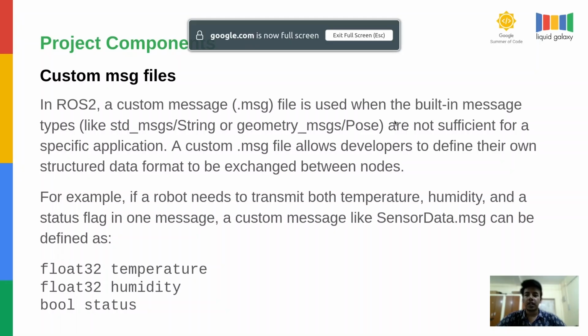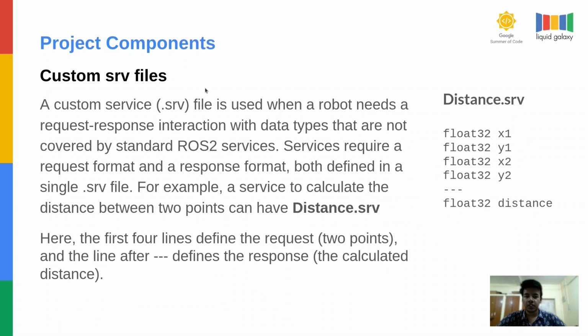In a similar way, we will see what a custom service is. A service has two major components: one is the request type and the other is the response type. You could have seen that in Spawn, for example, in turtlesim's Spawn, the request type is X, Y, theta, and the name of the turtle.